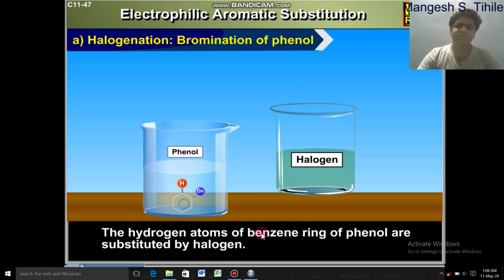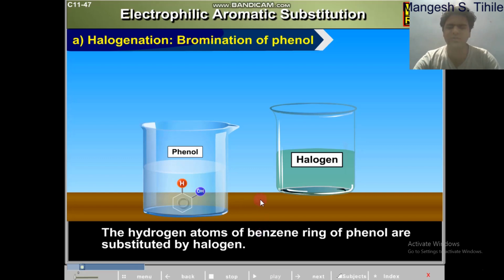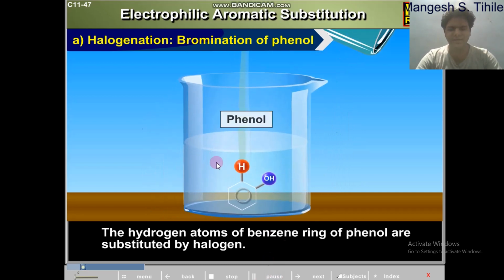So here we're going to see the reactions of phenol with various compounds. Among these reactions, first of all we are going to see the halogenation reaction, that is nothing but a bromination of phenol. So here if you do the reaction of a phenol with a halogen, then you will get two different products.